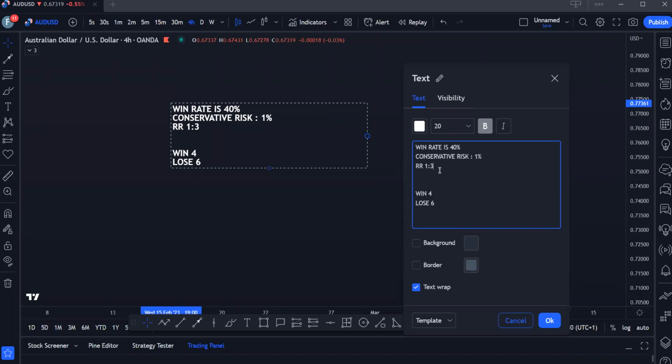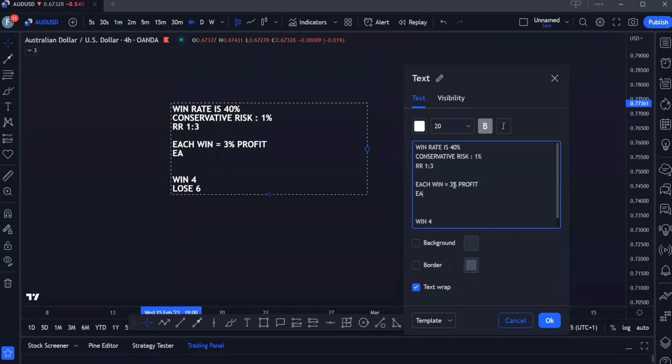So on each win, if my risk is 1% and my risk to reward is 1 to 3, the reward is 3 times my risk. So in that case, each win will give me 3% profit.